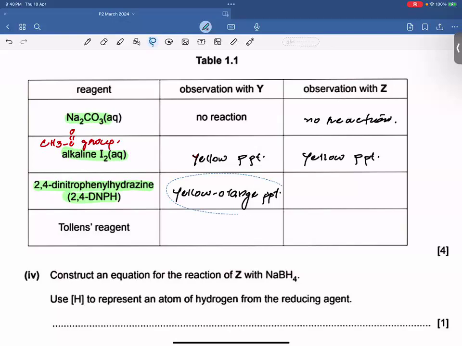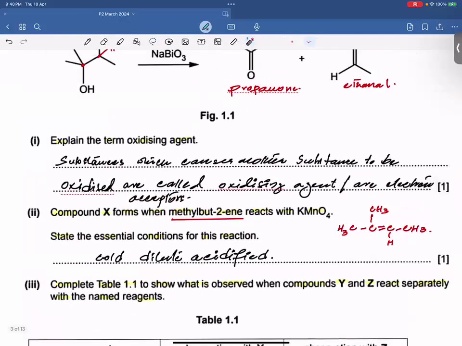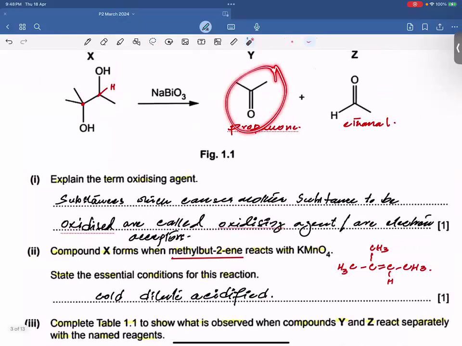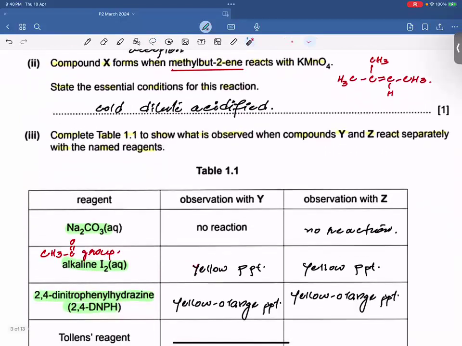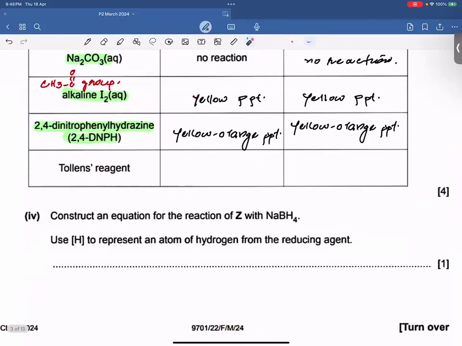Same here. Again, it is a ketone and it is an aldehyde. A ketone cannot give a positive test with Tollens' reagent, whereas an aldehyde can react with Tollens' reagent and gives a positive result of silver mirror, right?